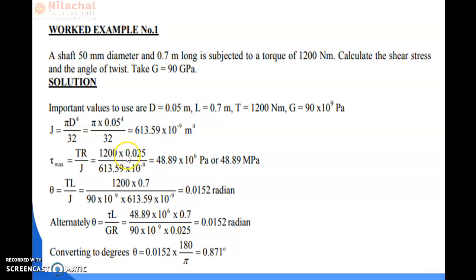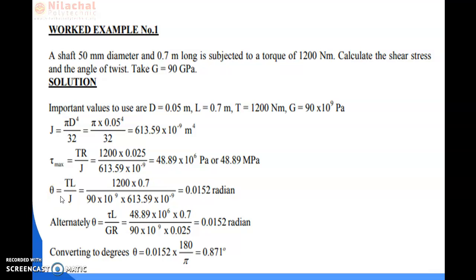Hence the answer is 0.025 divided by J value, that is 613.59 into 10 to the power minus 9. Hence the tau max value is 48.89 into 10 to the power 6 Pascal. By converting it into megapascal, the value is 48.89 megapascal.